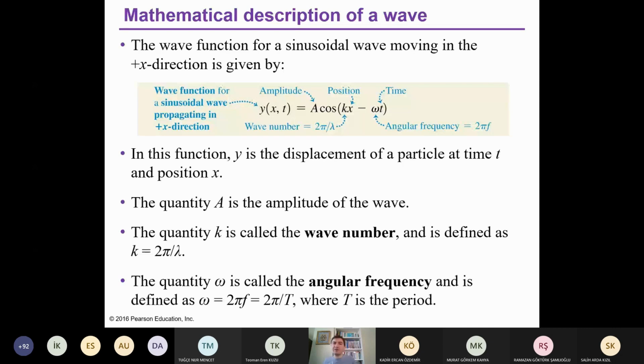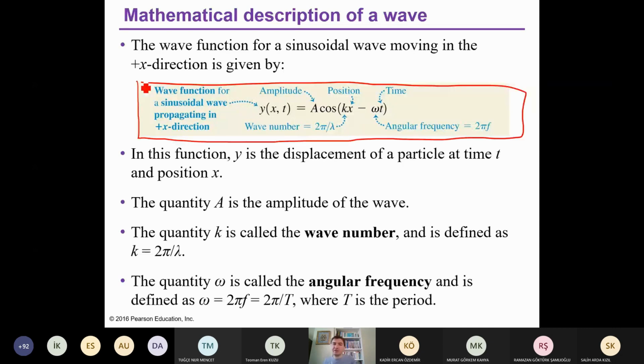What do you see here? During the last lecture, we defined x with this one, a cosine omega t, right? In order to define the periodic motion of this mass, for example, around the equilibrium. So x changes by time.